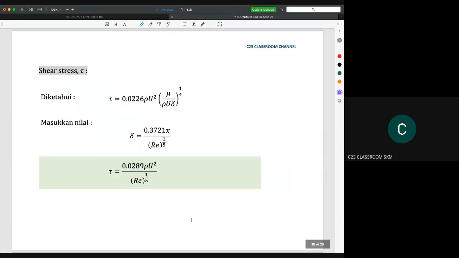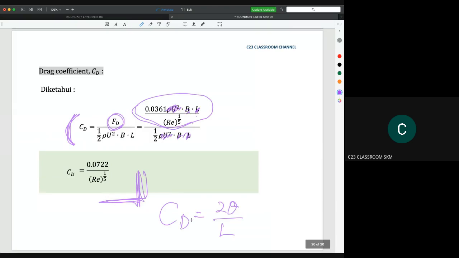So your CD here is 0.072. I got 0.0722 earlier because I kept a little more accurate decimal numbers. But if you use this answer, you will get 0.072 only, but it still gives you a full box.